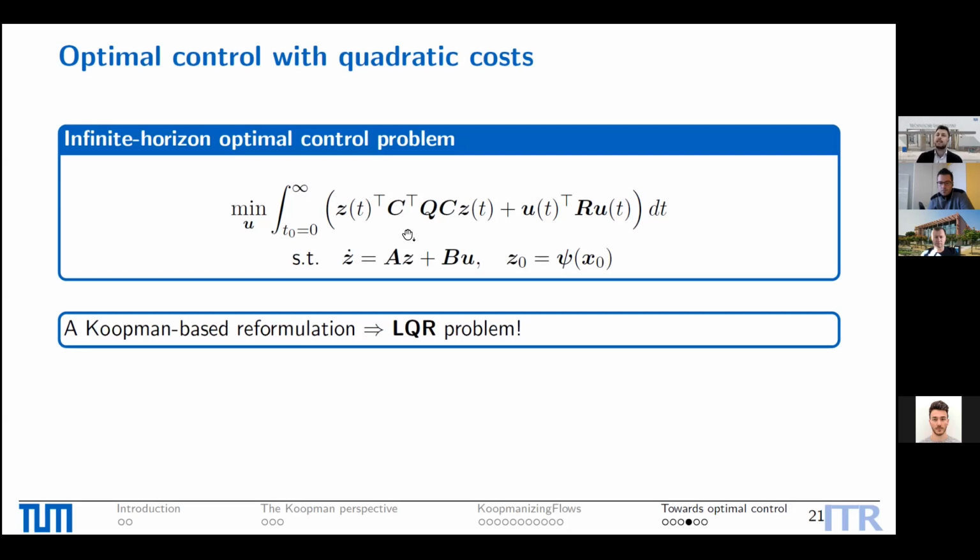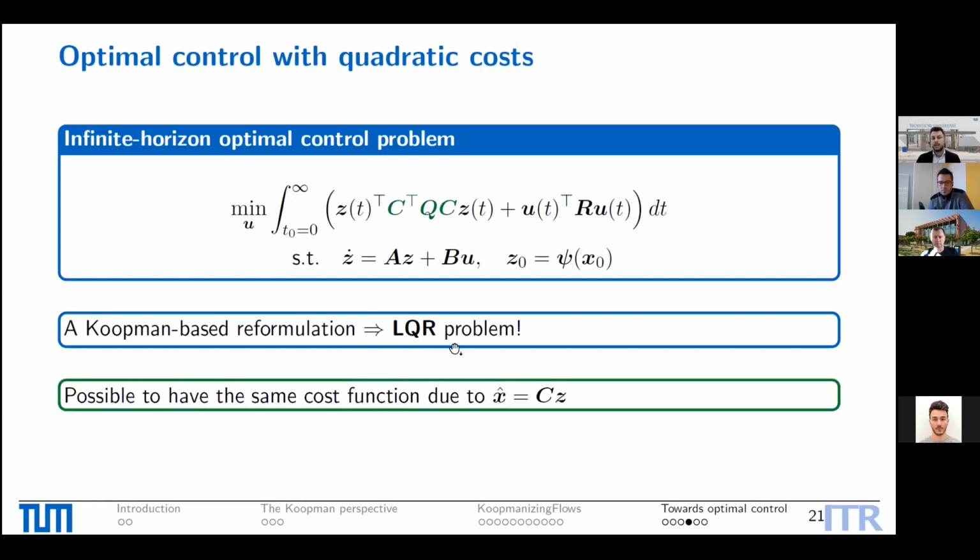As said before, we found a closed form solution for trajectories because every point of every trajectory is in the span of our lifted initial condition. Here we also find a closed form solution for optimal control.